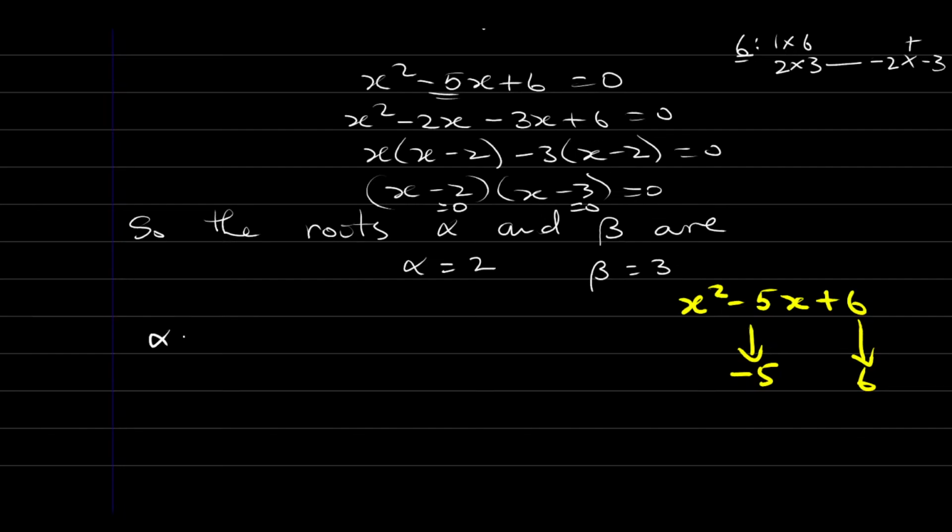So we're saying alpha plus beta would be equal to 2 plus 3, which is equal to 5. Now, remember, we're looking at alpha plus beta is going to be negative of b over a, right? So right away, we can see that this here is just going to be negative 5, right?